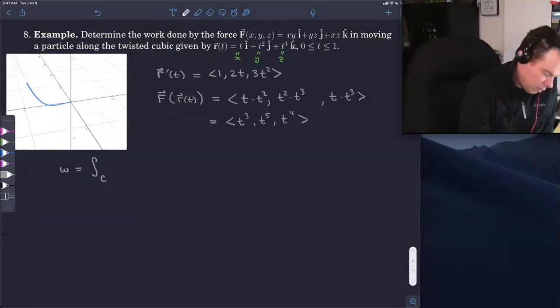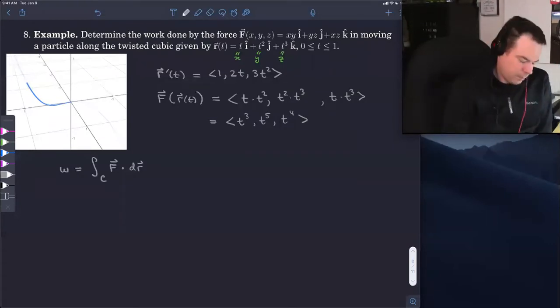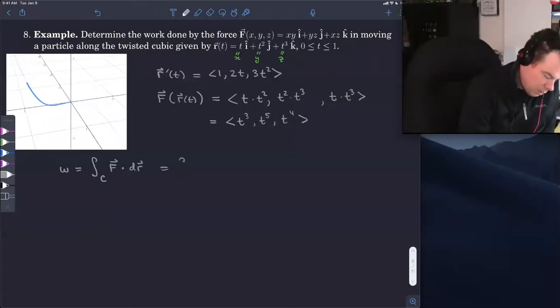And so now we've got the two bits of information that we need in order to set up our integral. We are integrating over the curve of our vector field F dot dr. That's shorthand for the integral over C of F evaluated at r of t, dot r prime of t, dt.